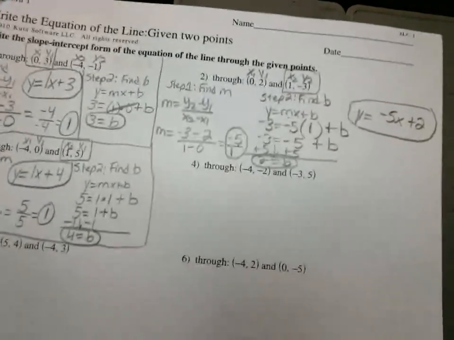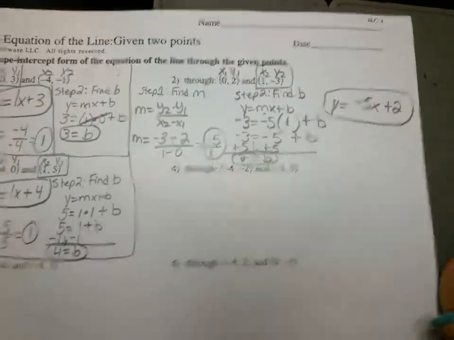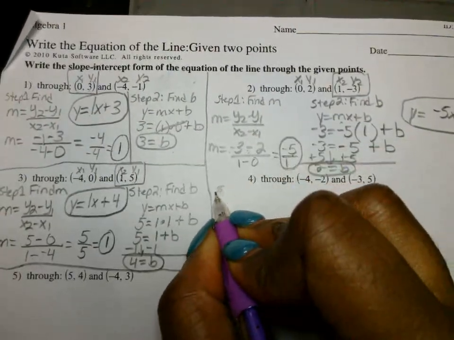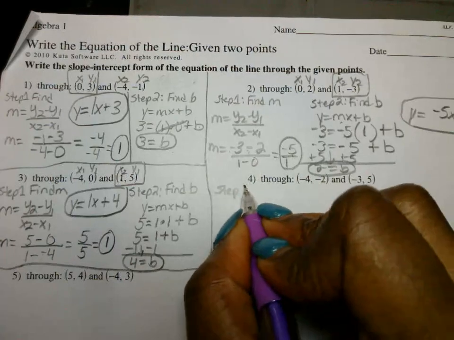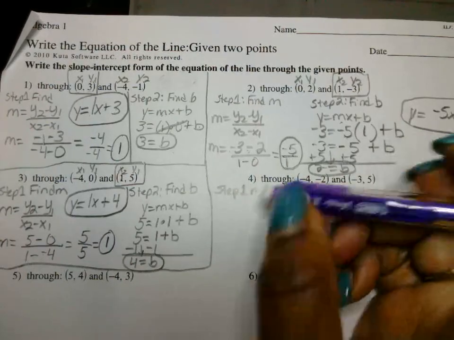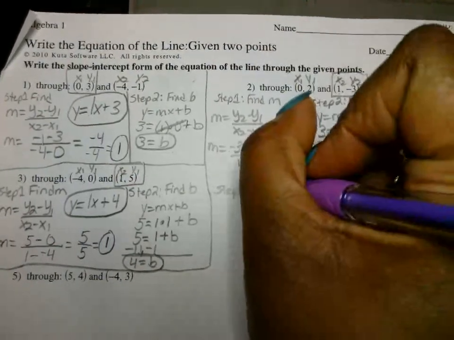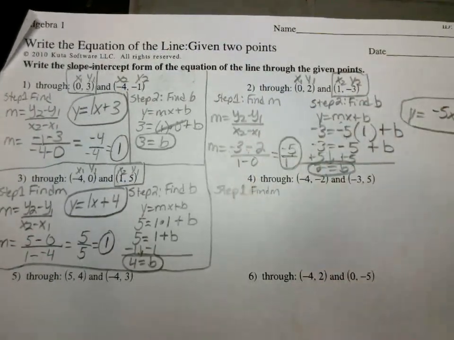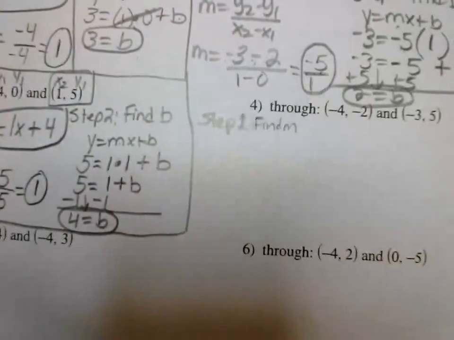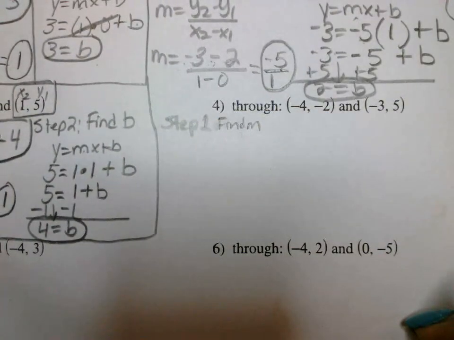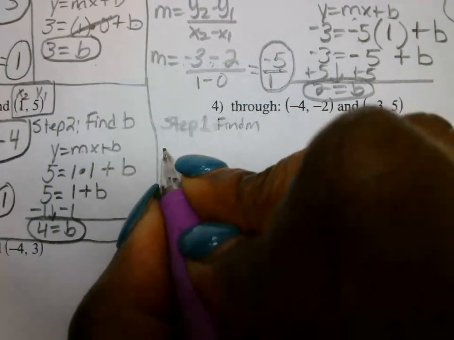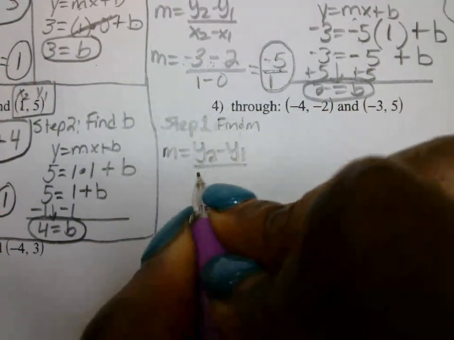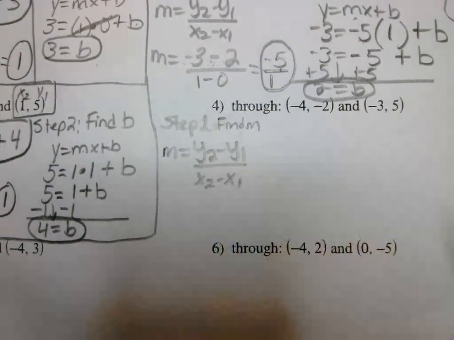No. Okay, all right. Let's do the first step. Step number 1 is to solve for M, okay? Be consistent. We're going to write step 1, find M. Let's write the formula for M. Y2 minus Y1 over X2 minus X1.